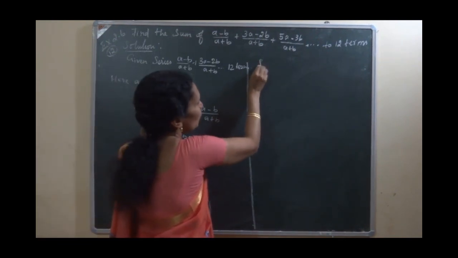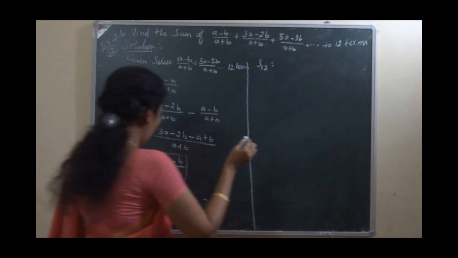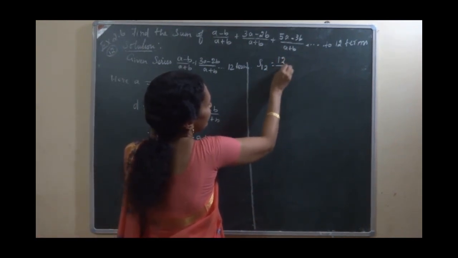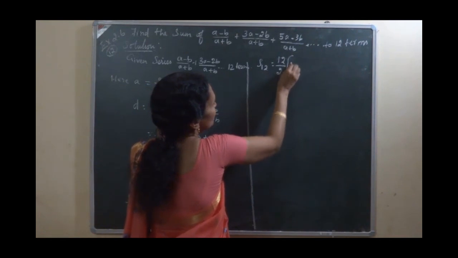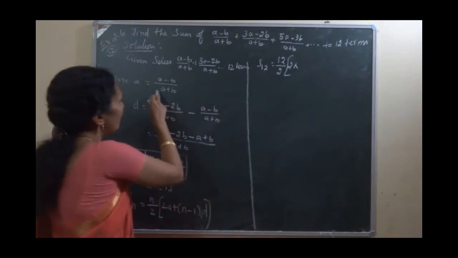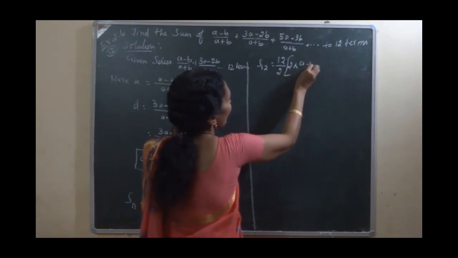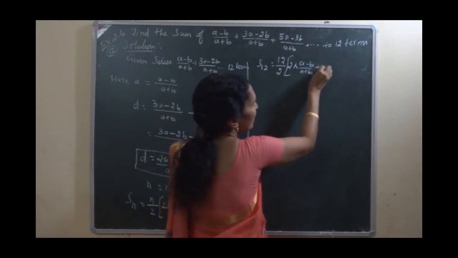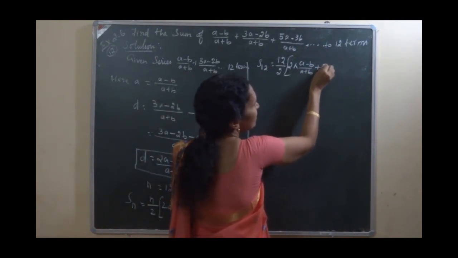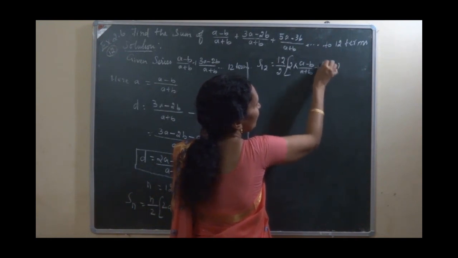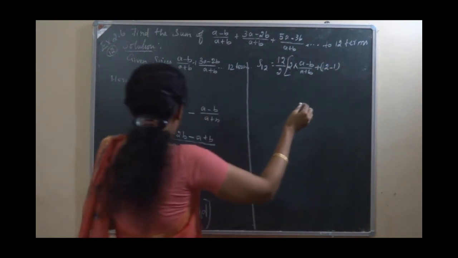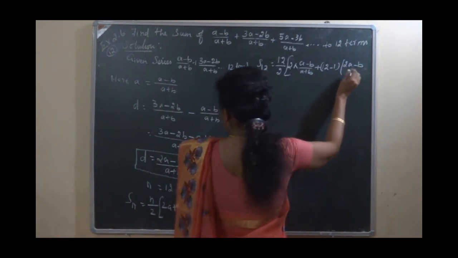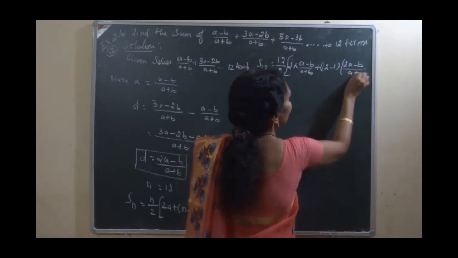S12 equals 12 by 2 into 2 into a value, a minus b by a plus b, plus n minus 1, that is 12 minus 1, into d value 2a minus b by a plus b.